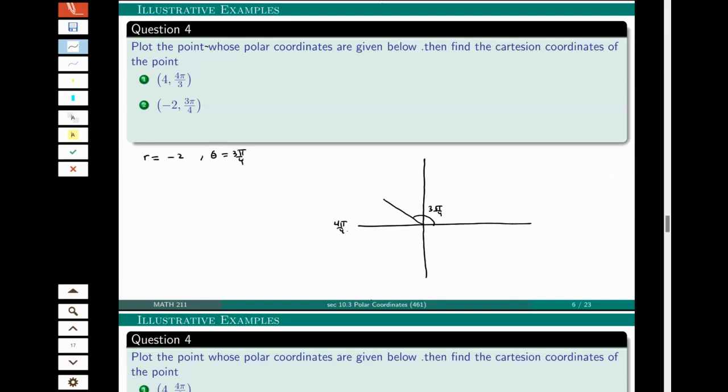If the radius is minus 2, if this is the direction, that should be backward, and it should be minus 2. So that will be the point.